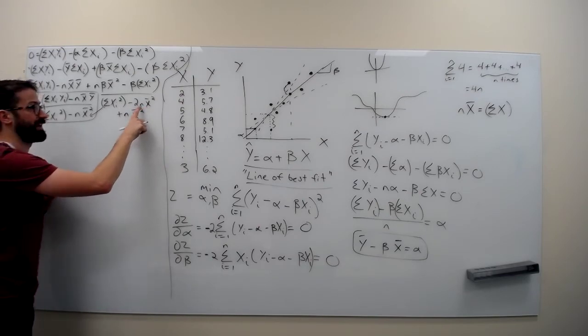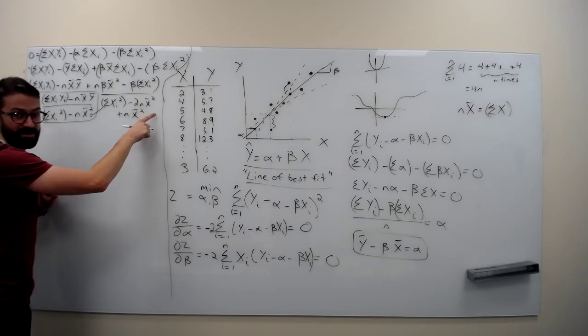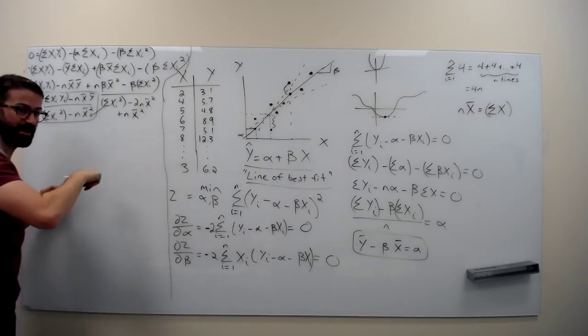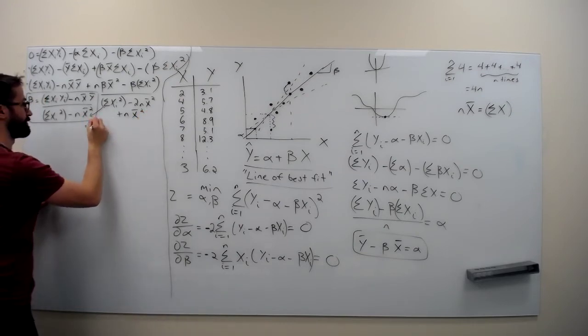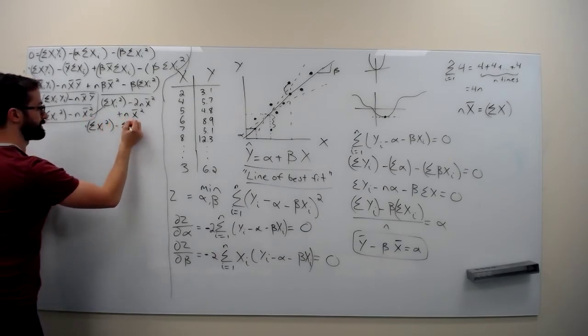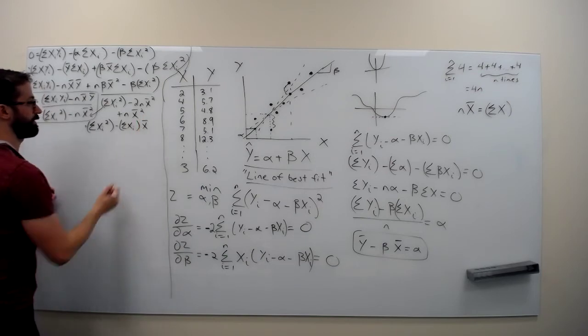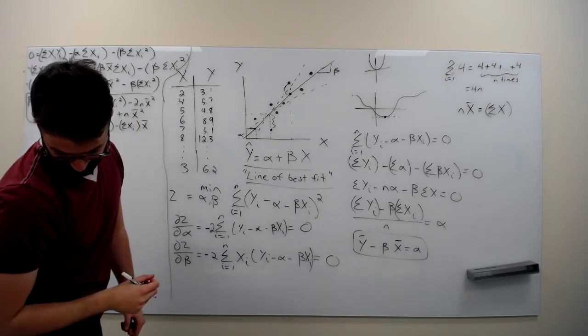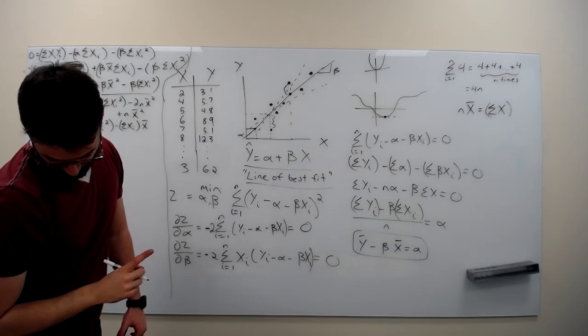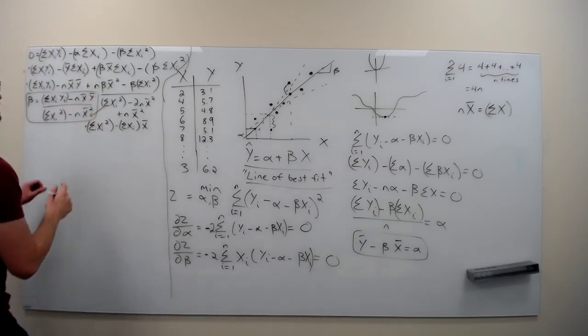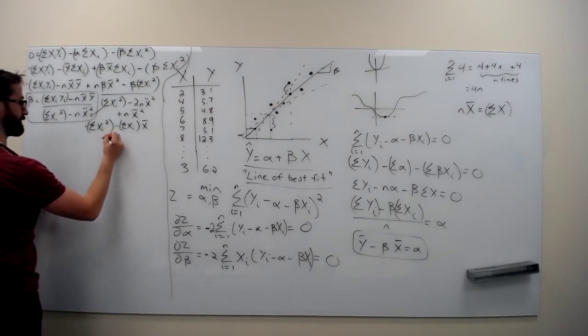We can imagine that as n x bar times x bar, and the first n x bar is going to be equal to just the sum of xi, times x bar. Wait, make sure that's right. Yeah, okay, awesome. Times x bar, and then plus our n x bar squared.